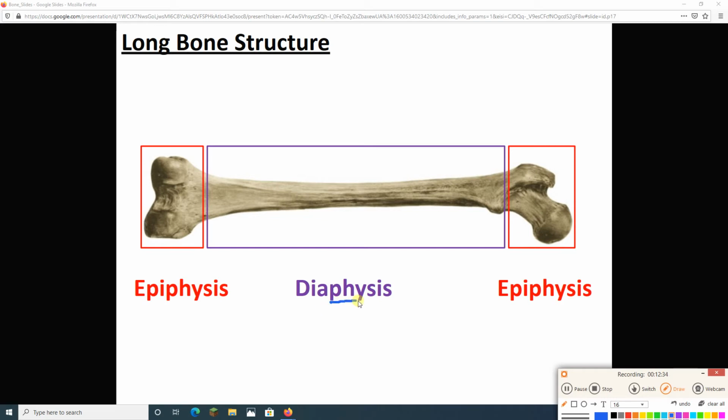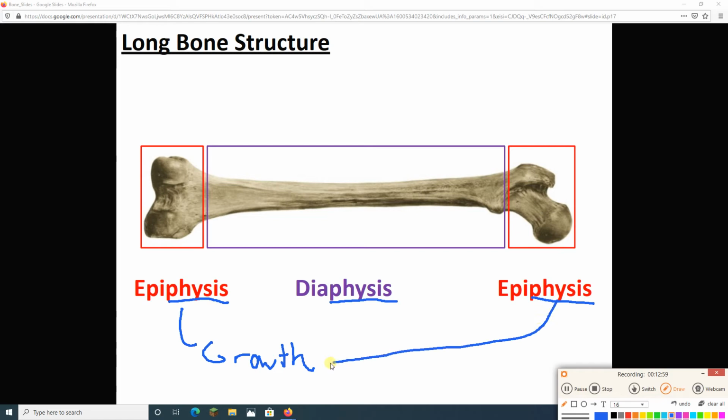Notice that there's this common chunk of the word. There's the prefix epi or the prefix dia, and then there's this physis here. Physis, this part of the word, means growth. Okay?